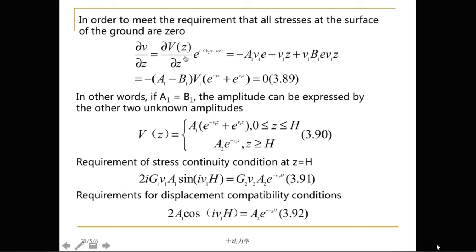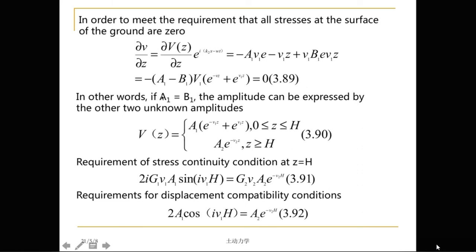V is a function of z, and simplifying it, we can get negative A1 minus B1 times V1 times e to the power negative V1 z plus e to the power V1 z equal to 0. It's equation 3.89.